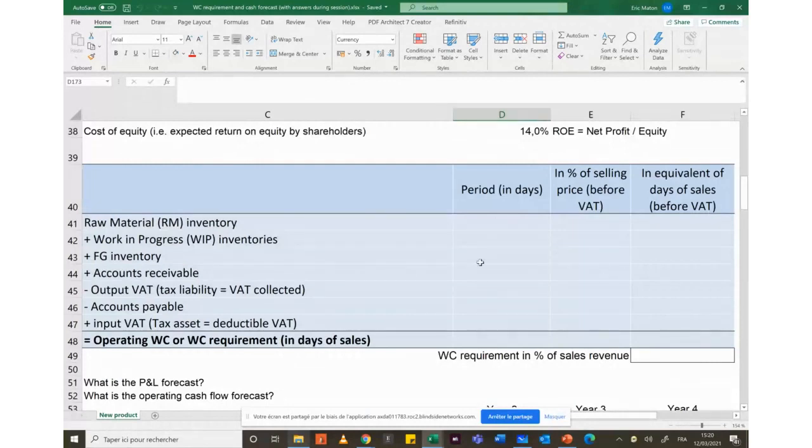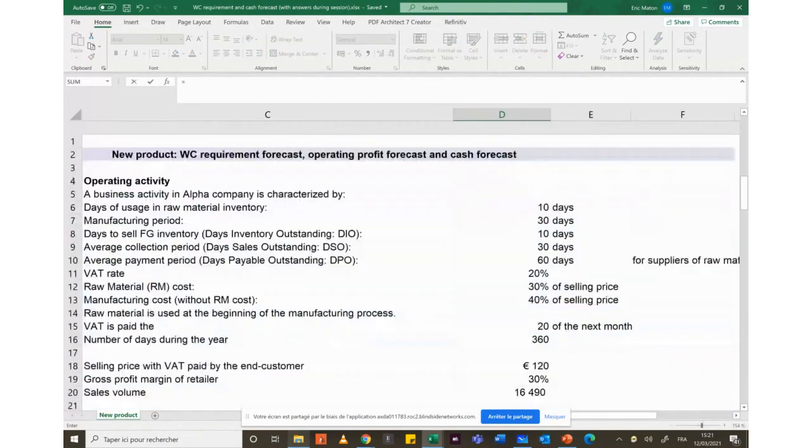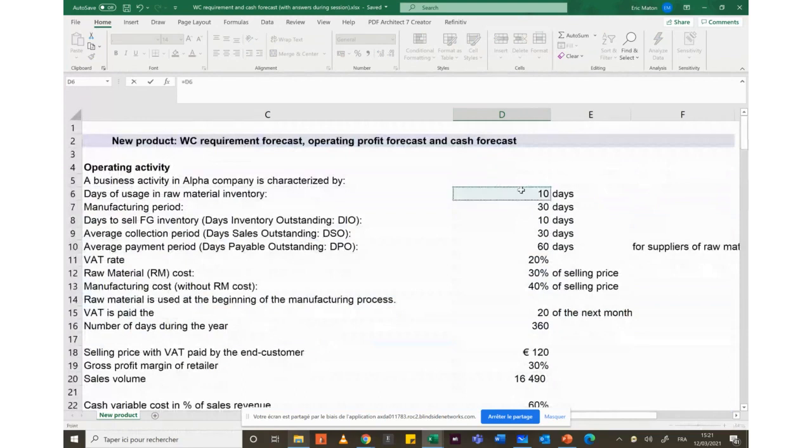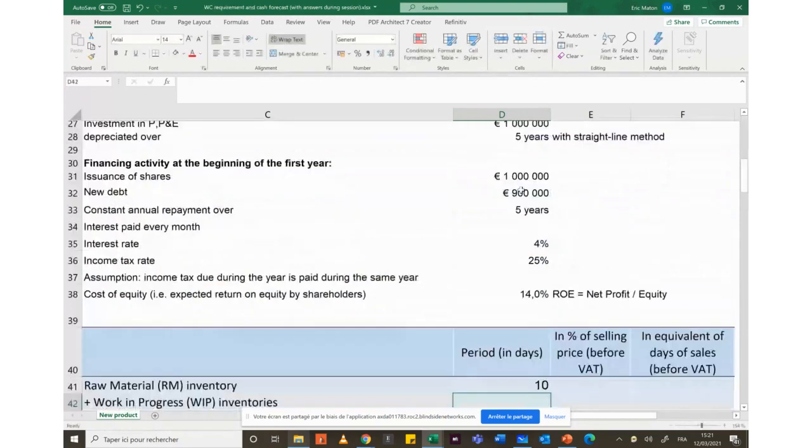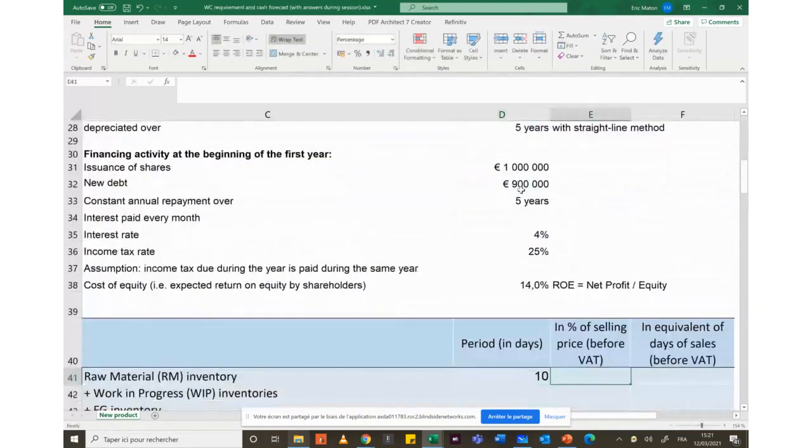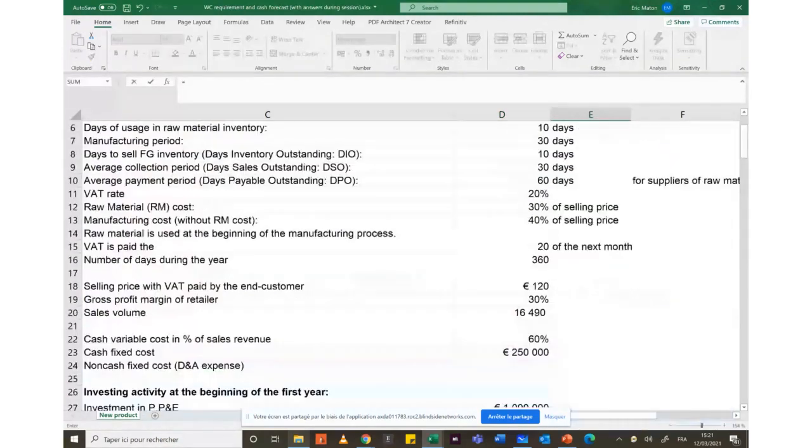So for the raw material inventory, the period, we expect to have the equivalent of 10 days in the raw material inventory. The raw material cost represents the equivalent of 30% of the selling price.